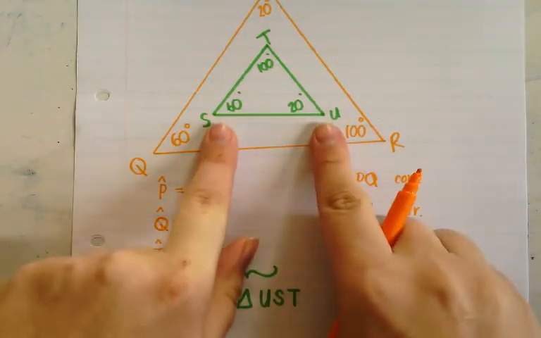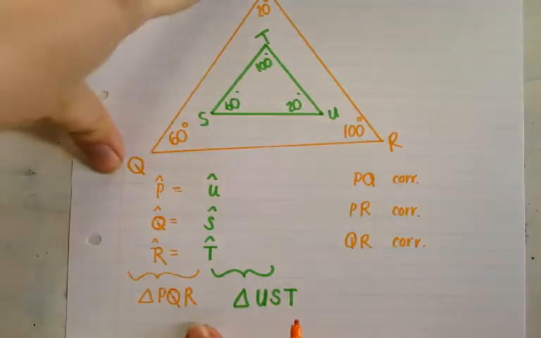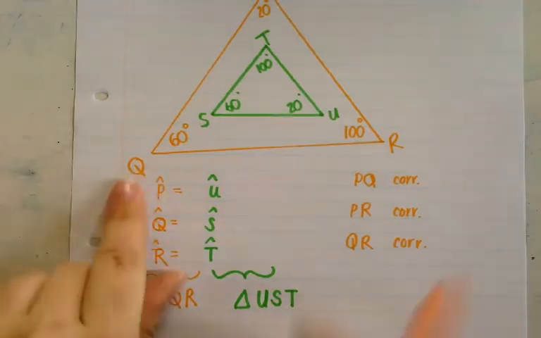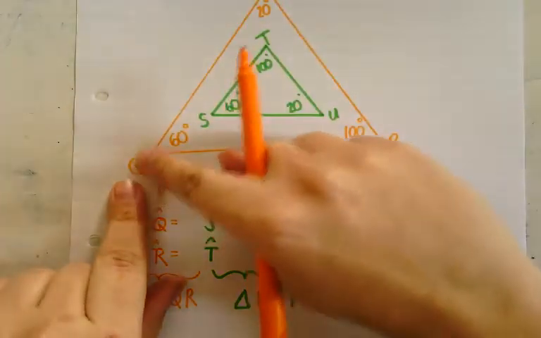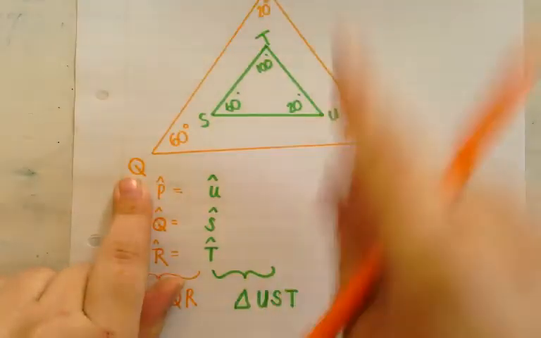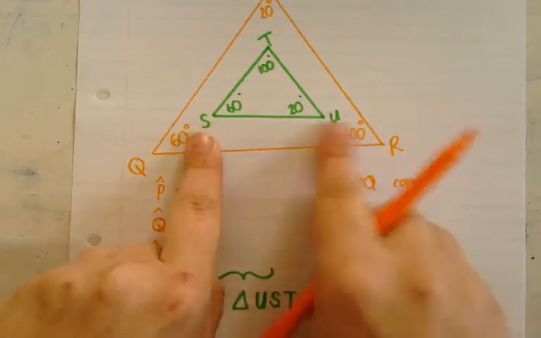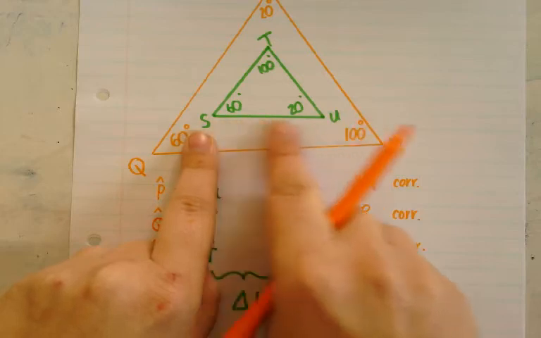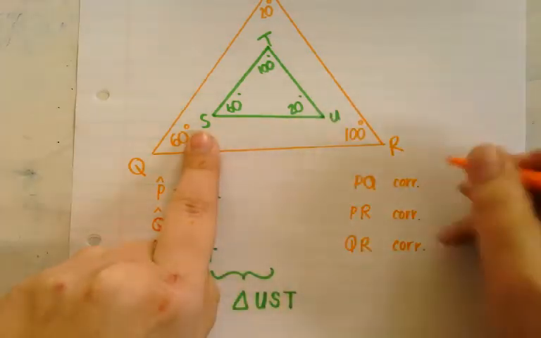SU corresponds to what? Why did you say that? Because S and Q have the same amount, and then U and U. There we go. So he's looking at his angles. He is seeing the Q and P are the angles between 60 and 20, or the side between 60 and 20. So he's looking at the U and S, or the S and U, because that is the side between 60 and 20.